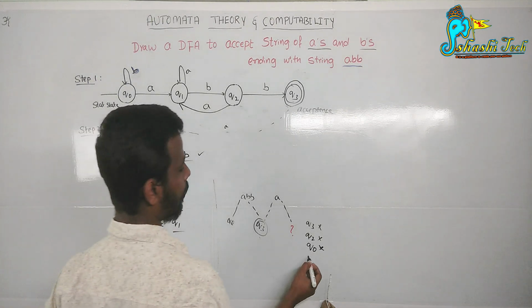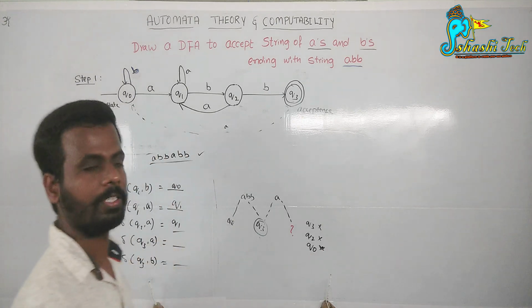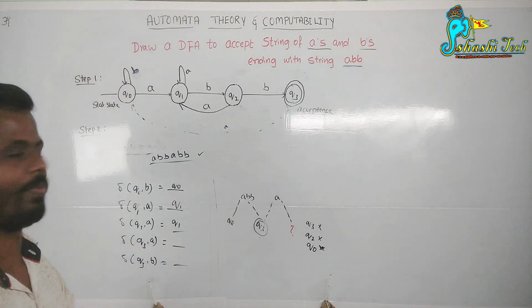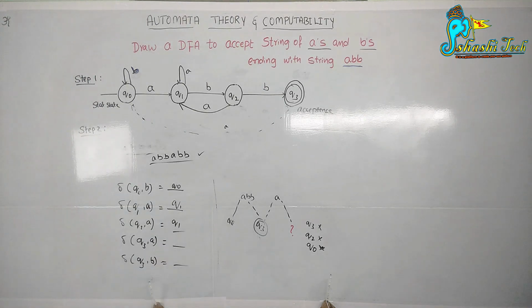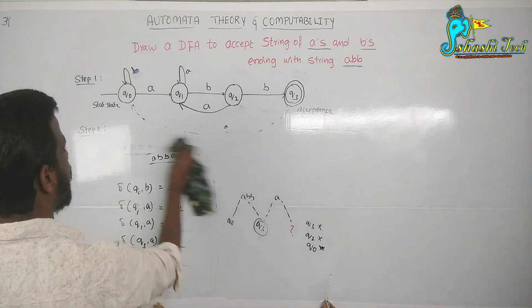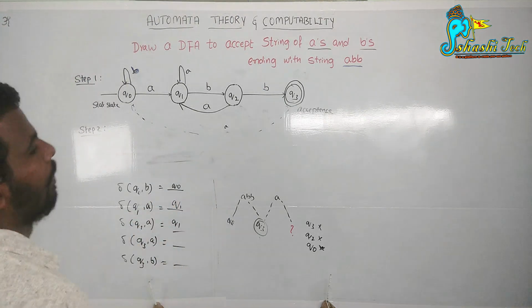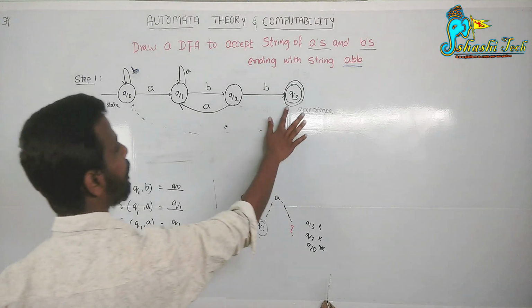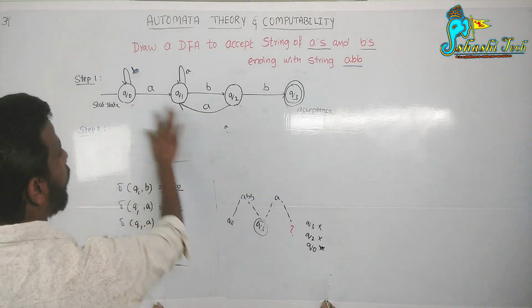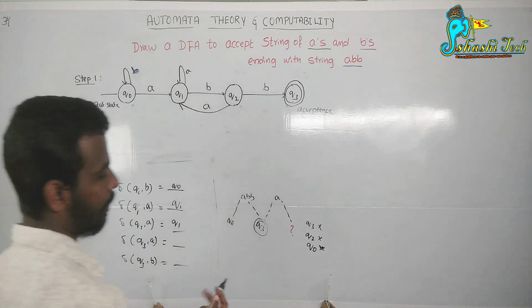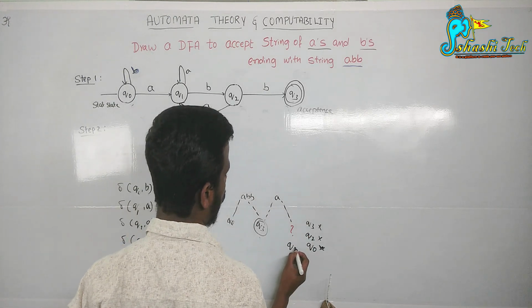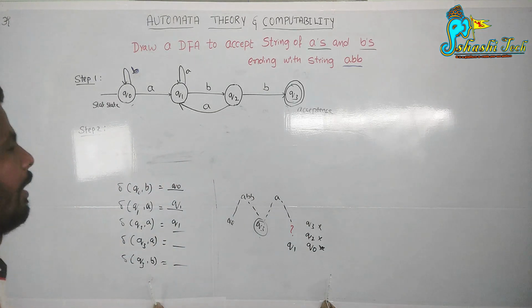So Q0 also fails. Then what is remaining? Tell me. We cannot write Q0 either. The remaining thing is Q1.